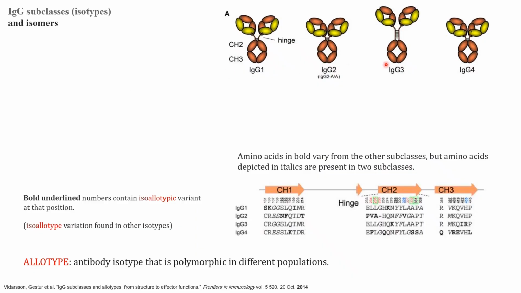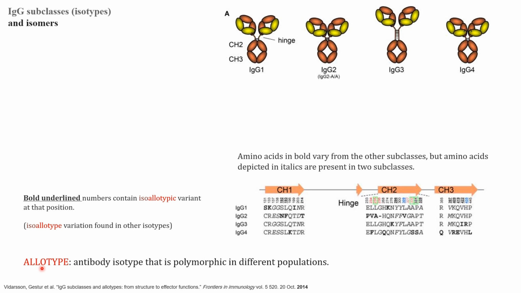Here is a list of some subclasses, but this figure is taken from a paper titled IgG Subclasses and Allotypes: from Structure to Effector Functions, and I just want to introduce two small concepts here. The first of these is the concept of the allotype. Allo sounds similar to allele, and an allotype represents a polymorphism within some constant domain.